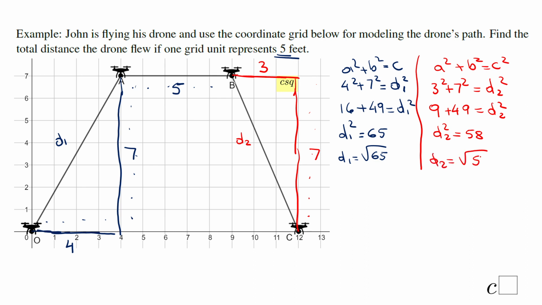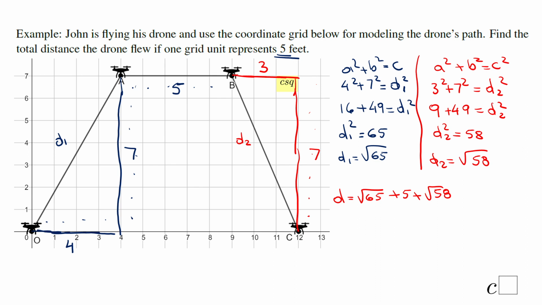Again, I don't think we can simplify it, so let's leave it like that. So now, what is the total distance? I'm gonna call it D. It's gonna be the square root of 65 plus 5 plus the square root of 58. And we can do this math here, but be careful, this is gonna be in units.